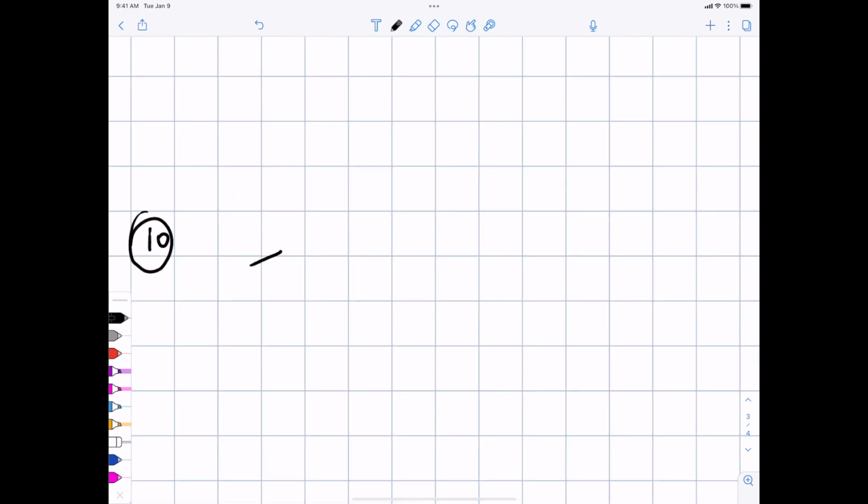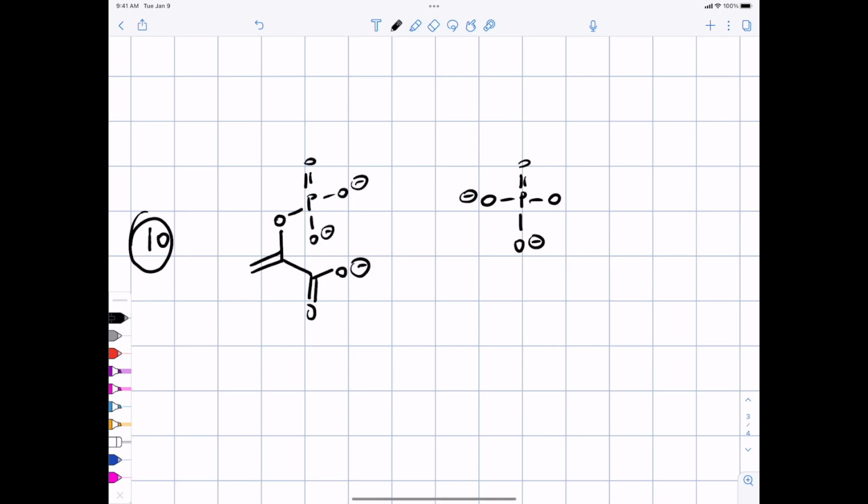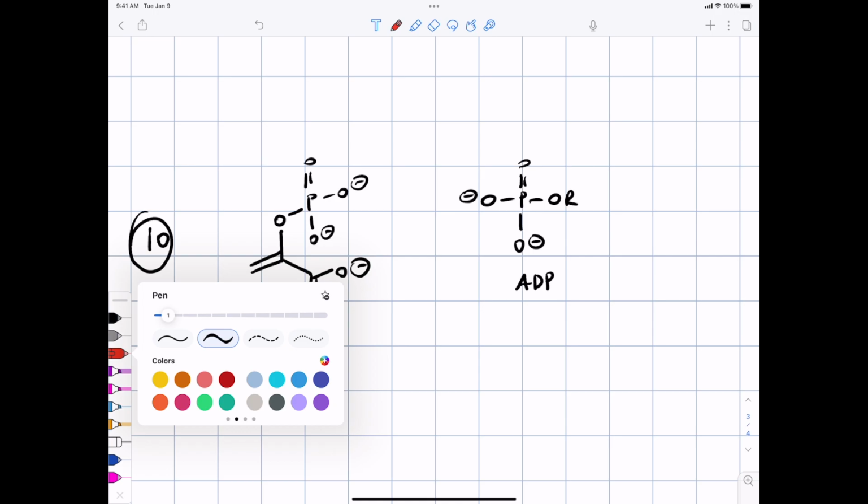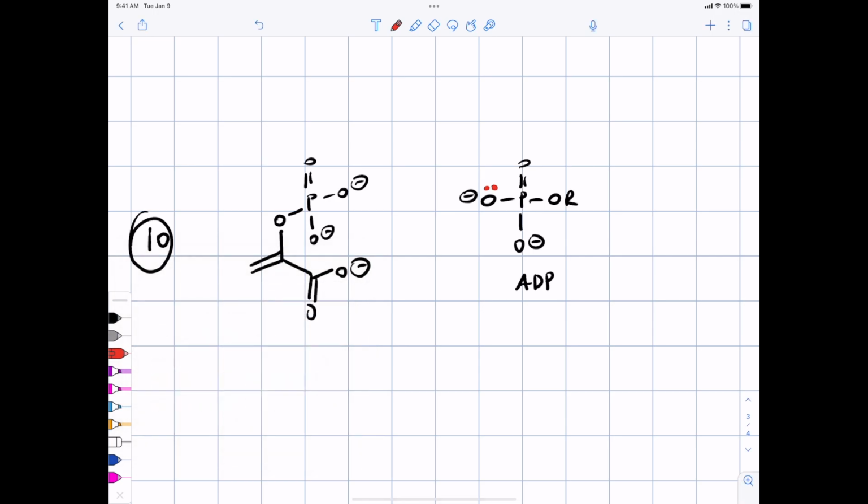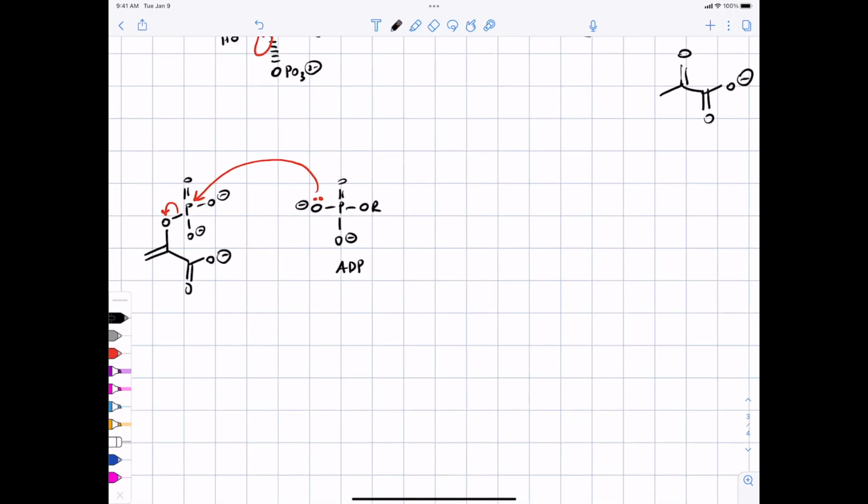You'll take phosphoenol pyruvate, and you'll take the beta phosphate group of ADP. We do an SN2-like attack on that phosphate group, and a leaving group leaves.